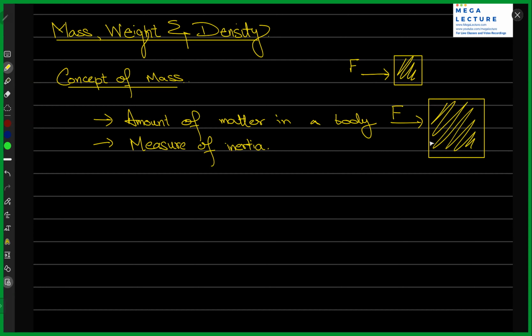Now that simple statement just defines inertia. The more massive something is, the more difficult it is to change its speed. So mass is a physical quantity, and every physical quantity in physics can be measured.